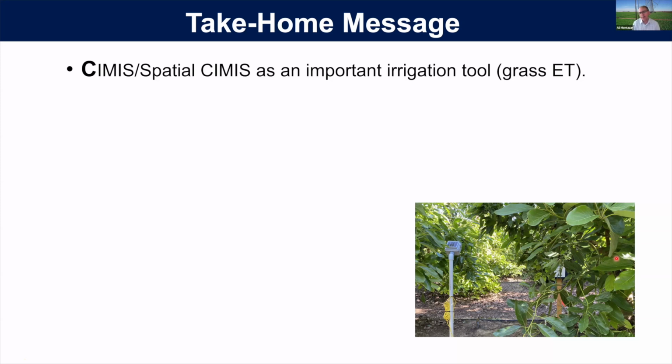So what we learned from this data and analysis: CIMIS and Spatial CIMIS are important free tools we have in California for irrigation management. But as I mentioned, they are providing us grass ET, well-managed grass ET.